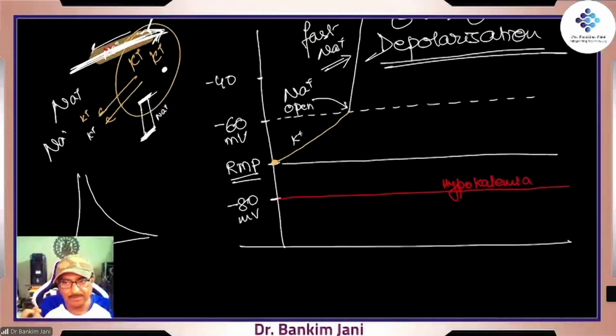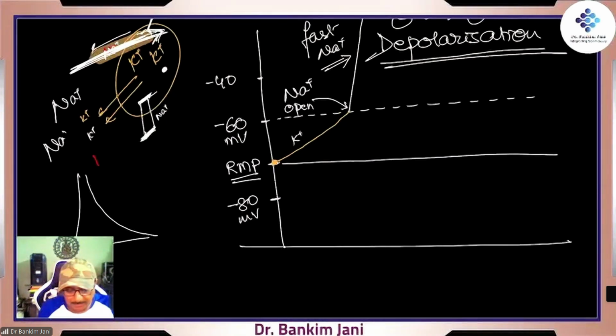Less potassium inside. So from this point onwards, from minus 80 millivolts. Or let's take it this way. Let me change this resting membrane potential, because there are several ways to change it.